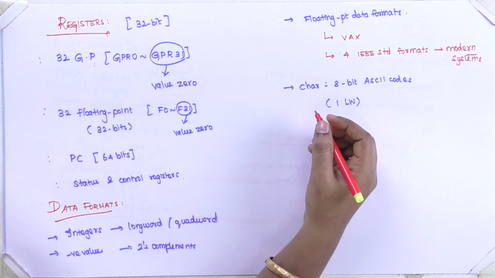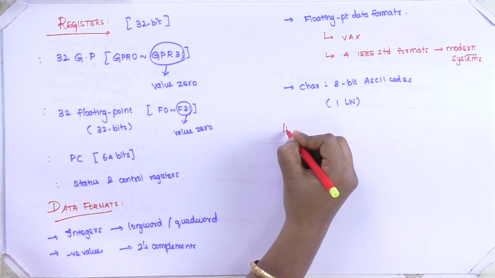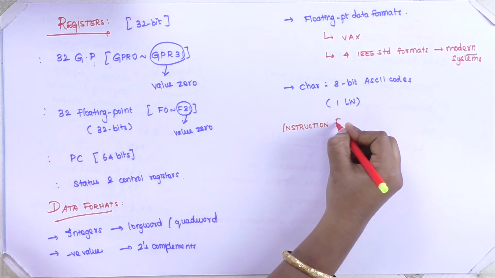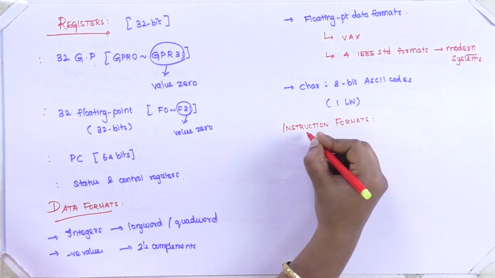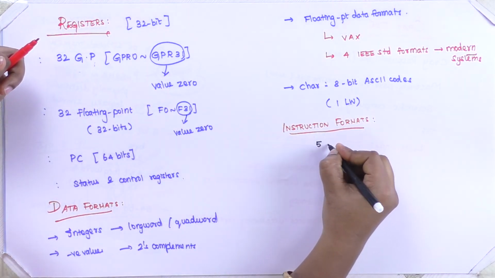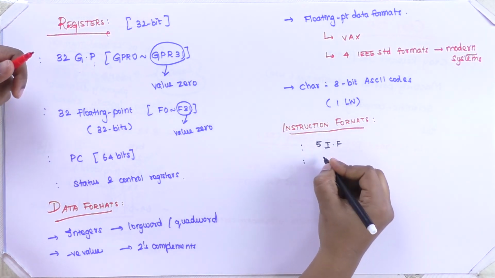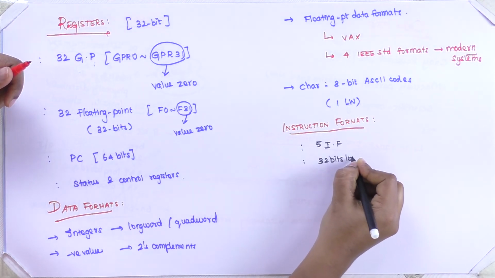The next hardware feature is instruction formats. We have about 5 basic instruction formats. All instruction formats are 32 bits long.